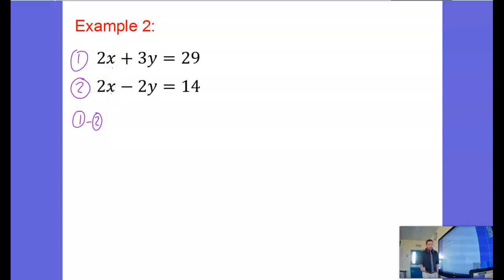They've cancelled out. The next bit is where people make a lot of mistakes. I'm doing 3y minus negative 2y. I'm subtracting a negative. What I'm doing is 3y subtract negative 2y. Well, that's the same as adding.